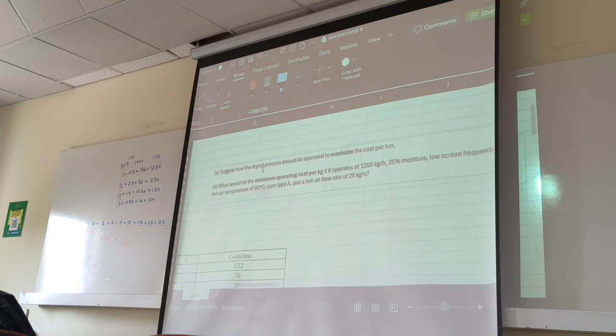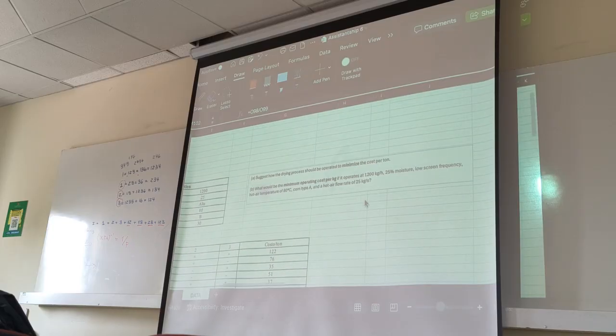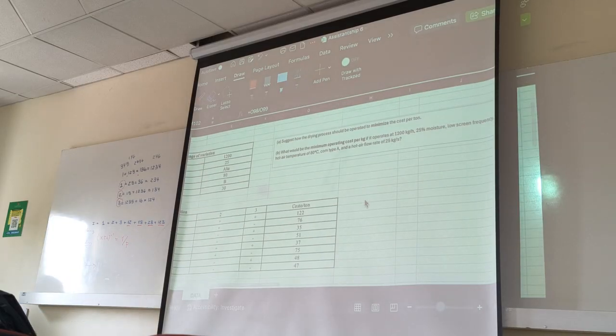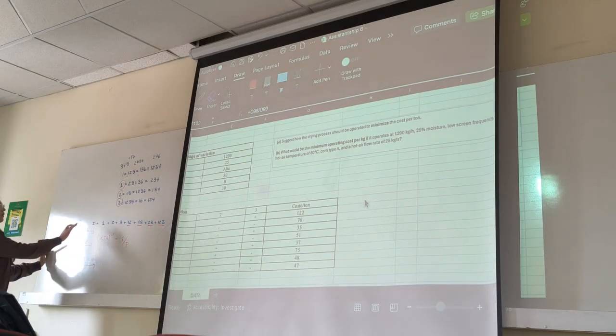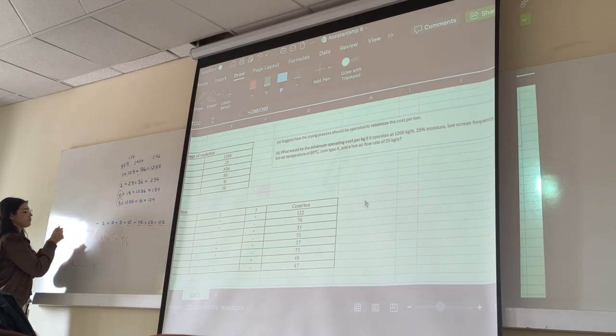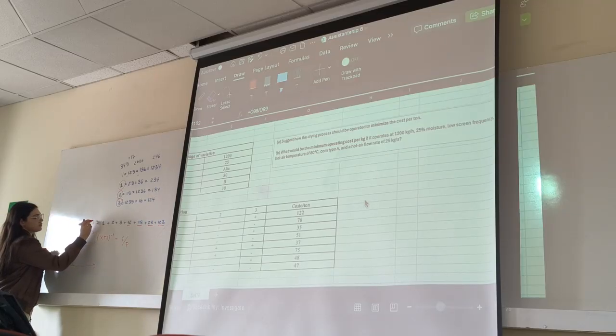The first question is, suggest how the drying process should be operated to minimize the cost per ton. So, how we can do that? If our, in this case, here is the cost per ton.